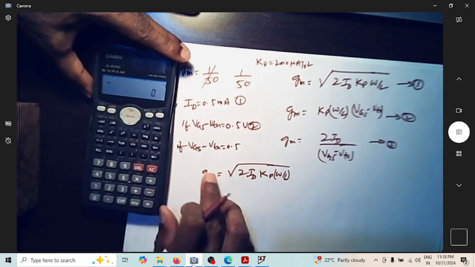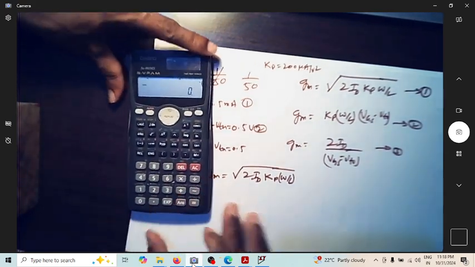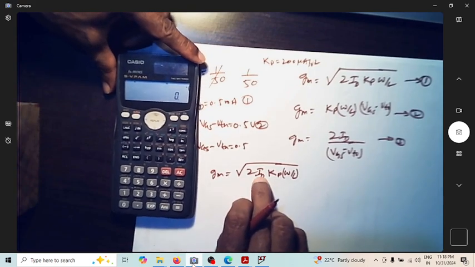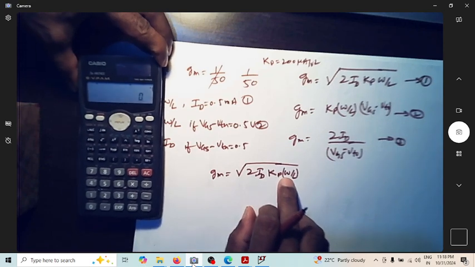So I know that this is 1 over 50, so I can substitute as it is. So W by L is the only unknown.